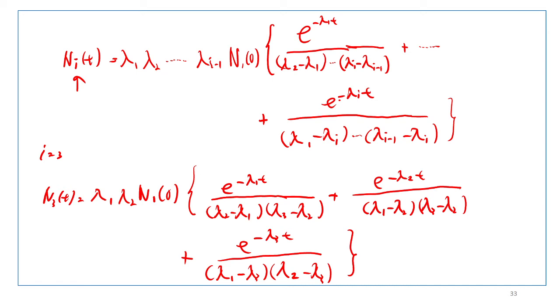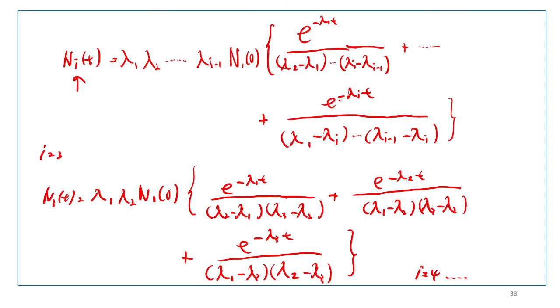So if you want to continue I with 4, you can do it. But that's how you can easily calculate the N for any I.